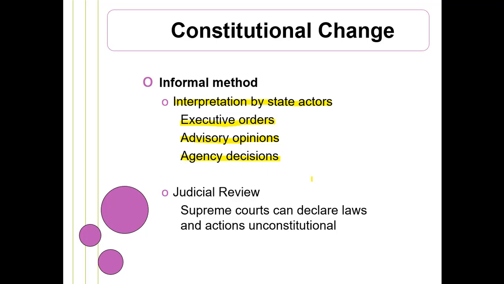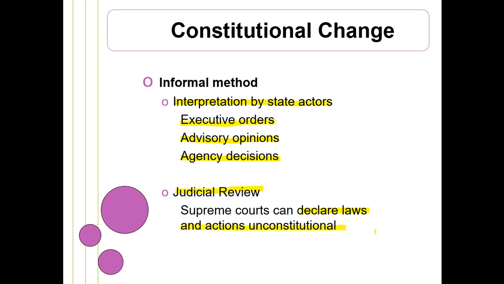So again, there's lots of people that are implementing these rules and regulations that might require some variation there. Judicial review is the concept where the courts can virtually strike down a law and can declare a law or any particular action unconstitutional.